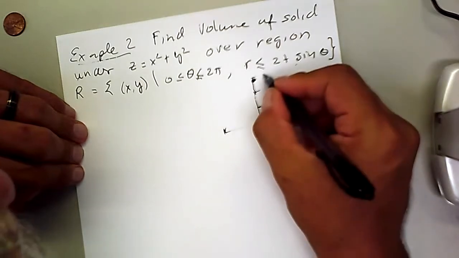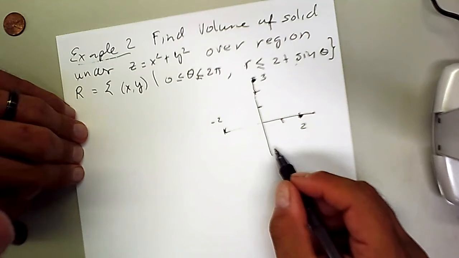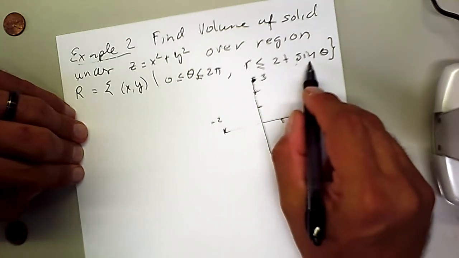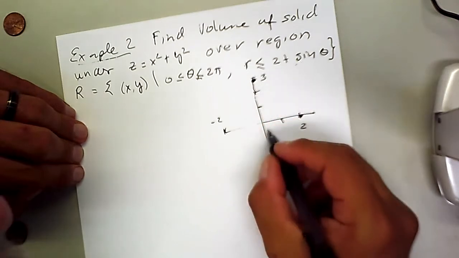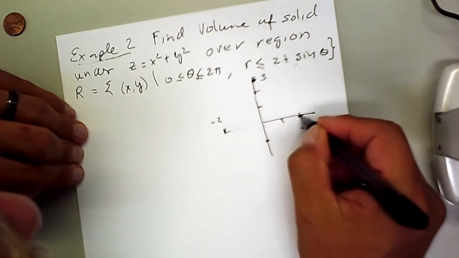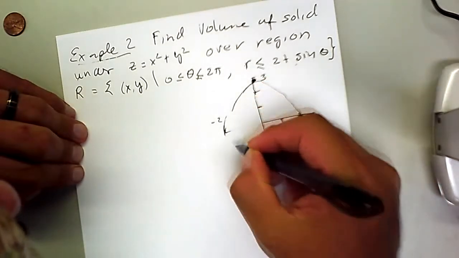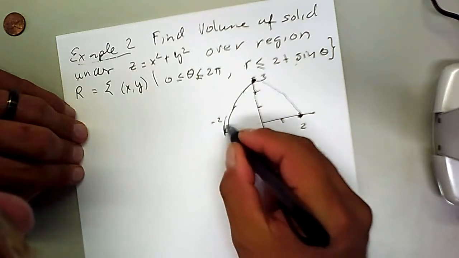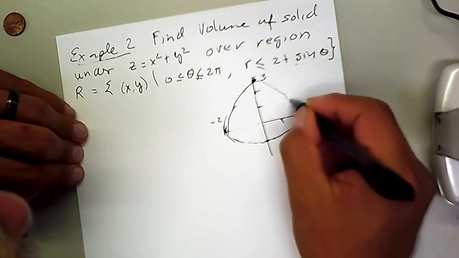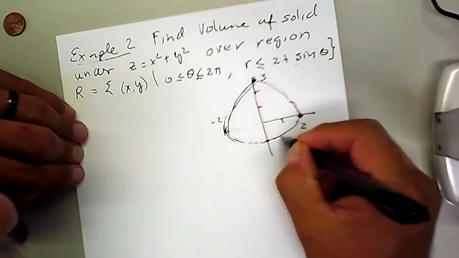So this is 2, 3, negative 2. And then when we have 3 pi over 2, sine of 3 pi over 2 is negative 1, but then we're adding 2, so we go out to 1. So we have this kind of region, sort of like a cardioid. Some kind of nut. There we go.